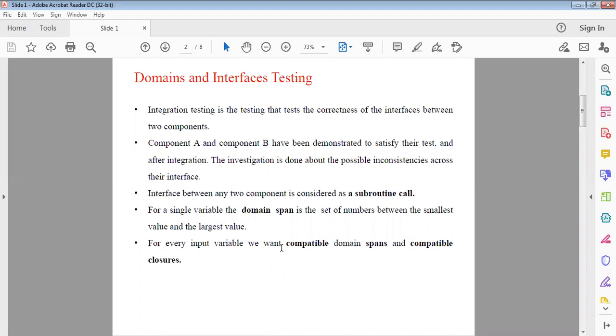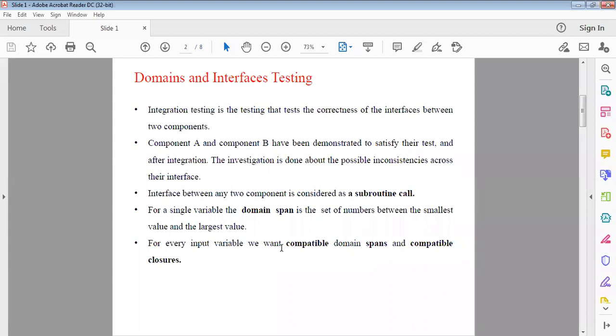For that you have to check domain span compatibility and closure compatibility. Now we will see what domain span and closure compatibility are, how they are represented, and in which cases they are said to be compatible.